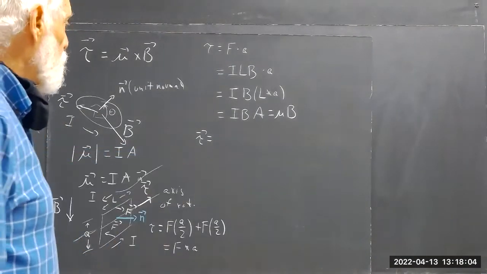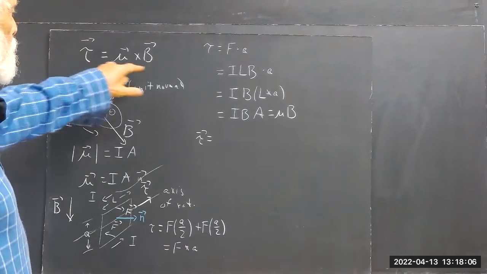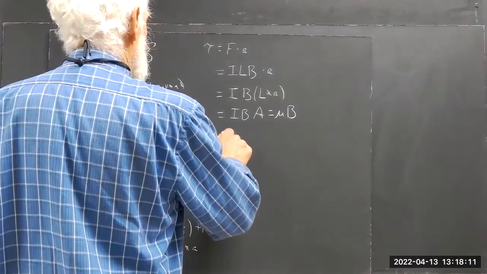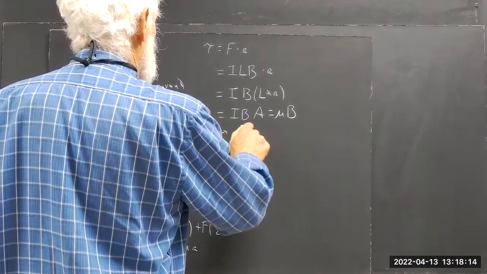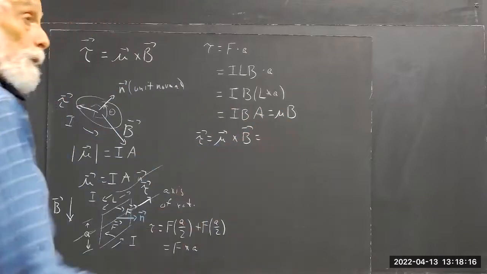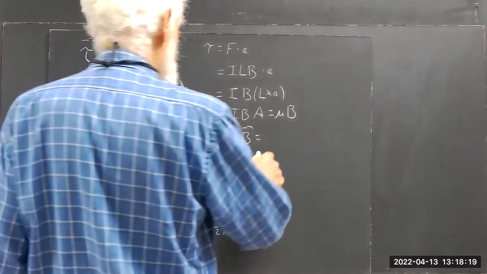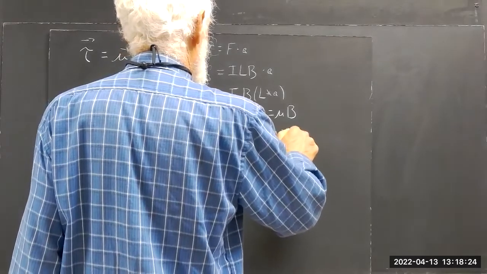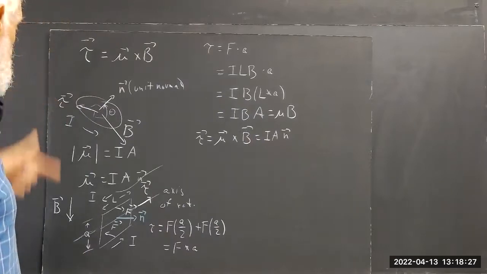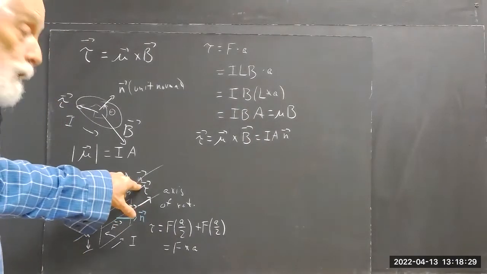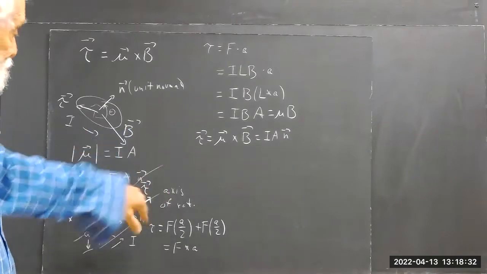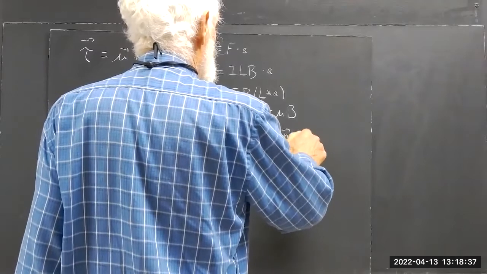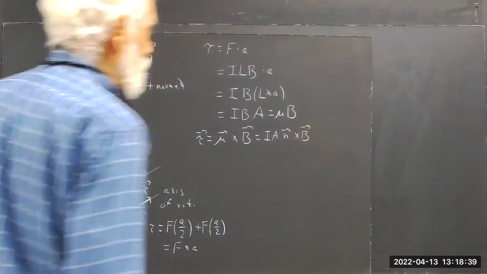So your vector torque should be mu cross B. Your torque is the vector mu cross your magnetic field, which in this limited case is IA times your normal vector N cross B, right?